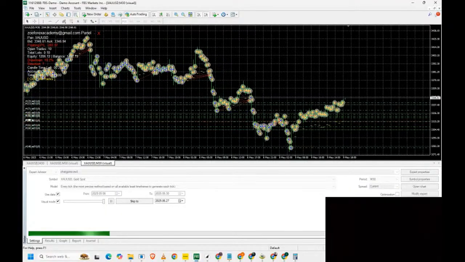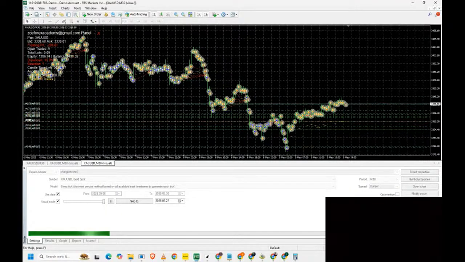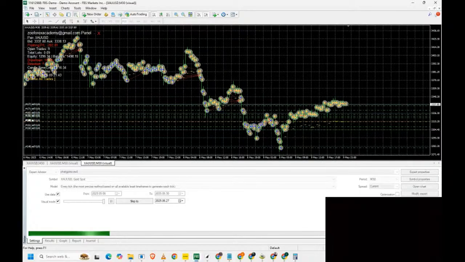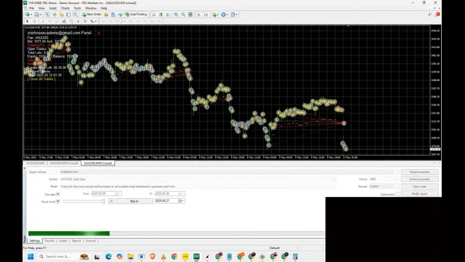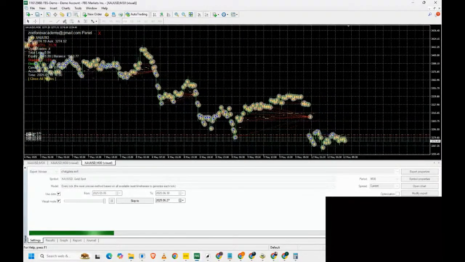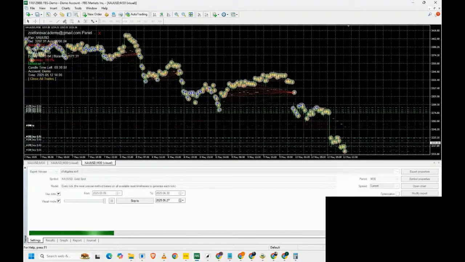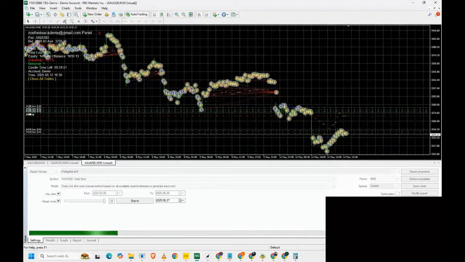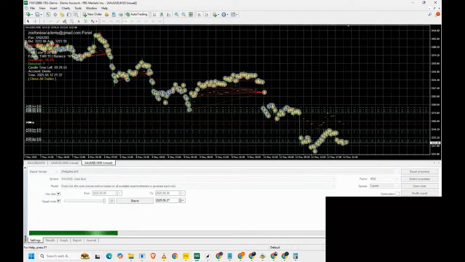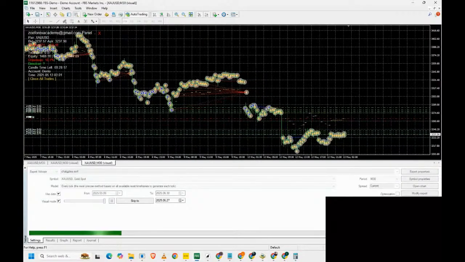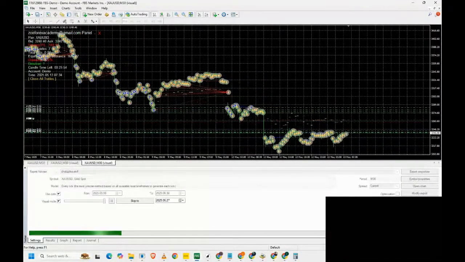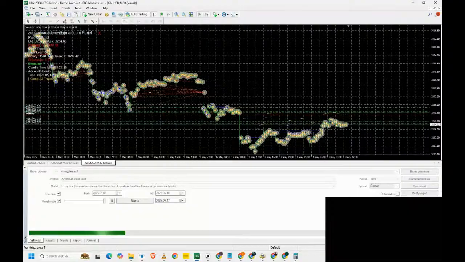So what I want to advise is that you should try to have a daily target. The daily target feature on the bot will make the bot stop when you hit a target. For example, if I had set a daily target of $50 or $100, once it hits the target, it will stop trading for the day until the following day.